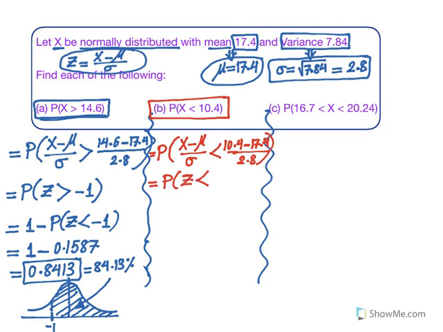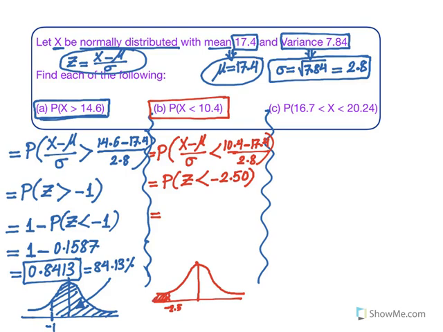If you use your calculator, you'll get exactly -2.5. Let's write it -2.50, with 2 digits, so that you can use the table immediately. Because it's less than, we want the area to the left of -2.5.